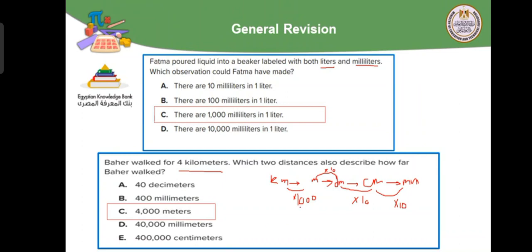I get 4,000 meters, then centimeter, so 4,000 and 2 zeros again. 4,000 multiplied by 100, because from meter to centimeter I jump steps here by 10 and here by 10. So from meter to centimeter, multiply by 100. So the second one is number E.